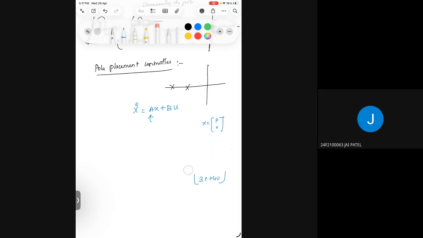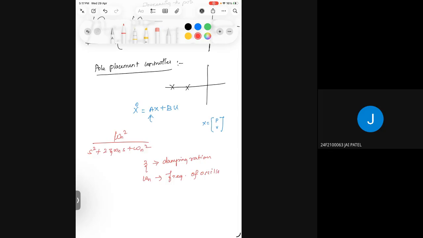So how can we relate this to the thing that we already studied? For example, in time response analysis, if you have a second order system, it will look something like this: s square plus 2 zeta omega n s plus omega n square. I'm trying to teach this via the thing that we already know, it will be easy. Zeta is my damping ratio and omega n is the frequency of oscillation.